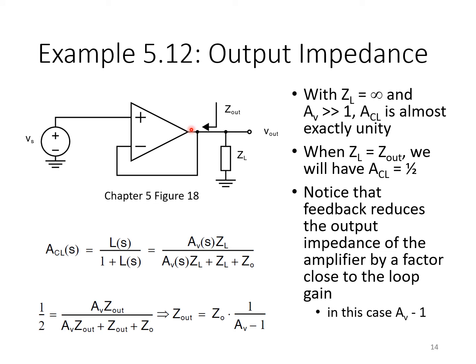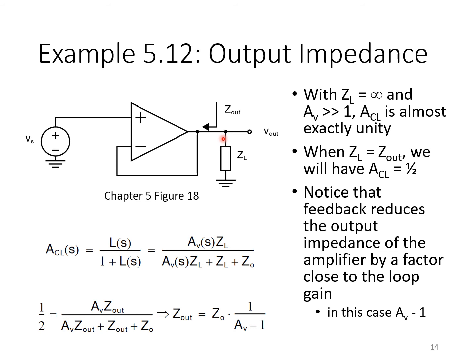If we're interested in the output impedance here, one way to do that is to recognize that when the load impedance is infinite, we certainly expect the closed loop gain of this amplifier to be very, very close to unity, as long as the op-amp has a high gain at DC. So we know that if the load impedance is then reduced from infinity to a much lower value, we will start to see the closed loop gain, even at DC, decrease, because a voltage divider is formed between the output impedance of the closed loop amplifier and the load impedance ZL.